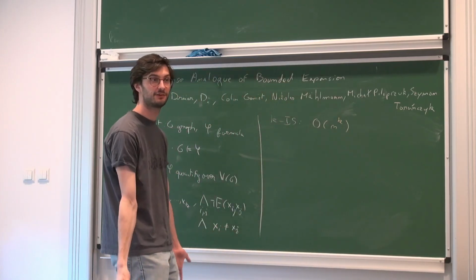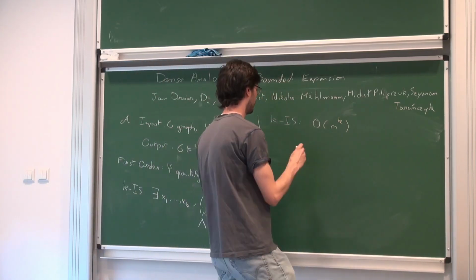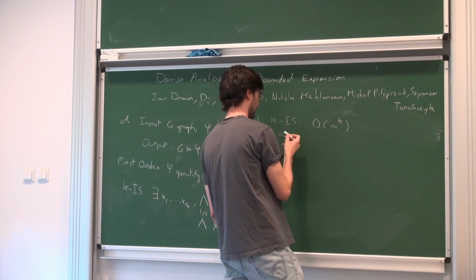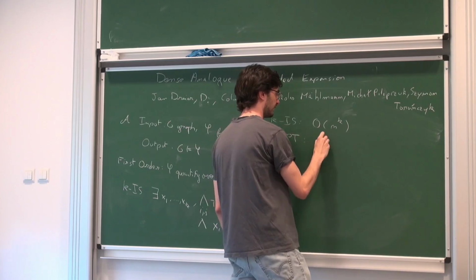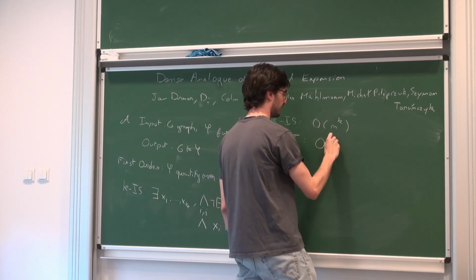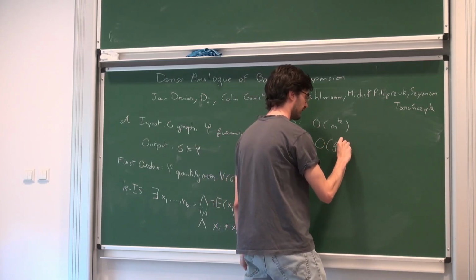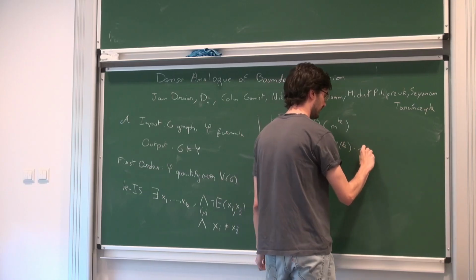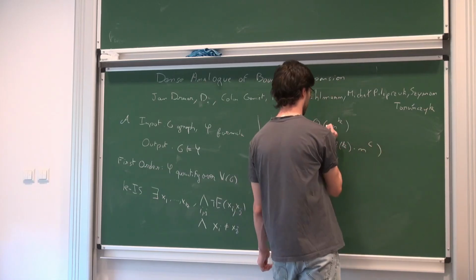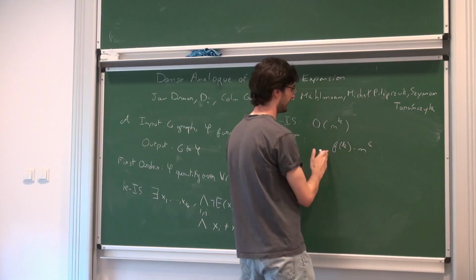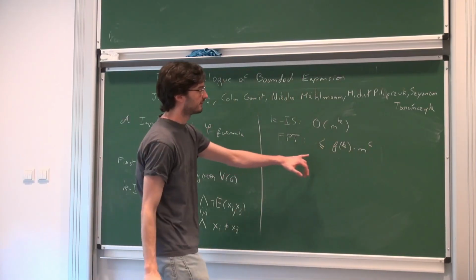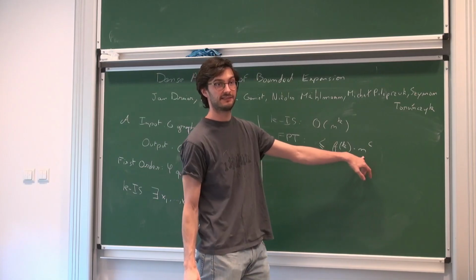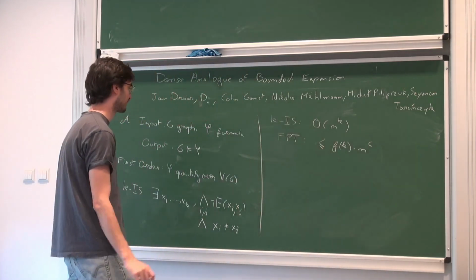But the question is, can you do it in FPT time? FPT would be some function of k times n to some constant c, and c is an absolute constant. You can remove the O, it can be inside the function.